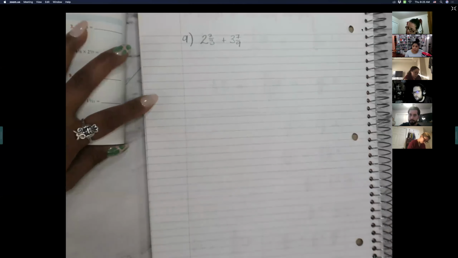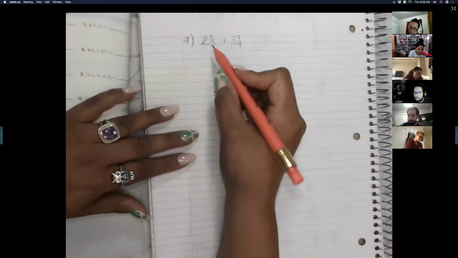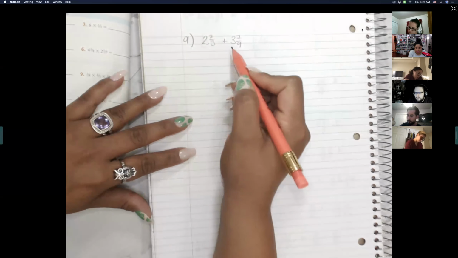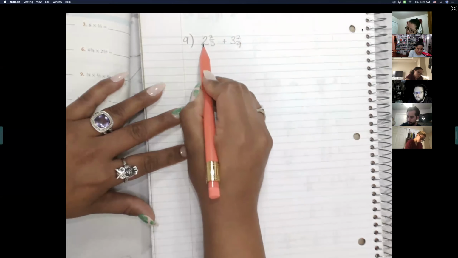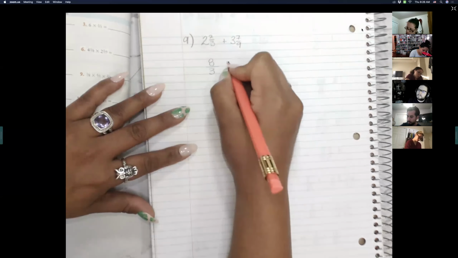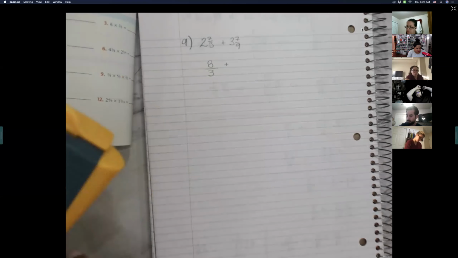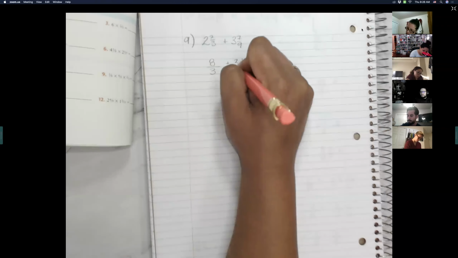Okay, so I prefer to operate in improper fractions. So I'm going to take these mixed numbers and make them into improper fractions. So 2 times 3 is 6 plus 2 is 8/3. And 3 times 9 is 27, and 27 plus 7 is 34, so 34/9.